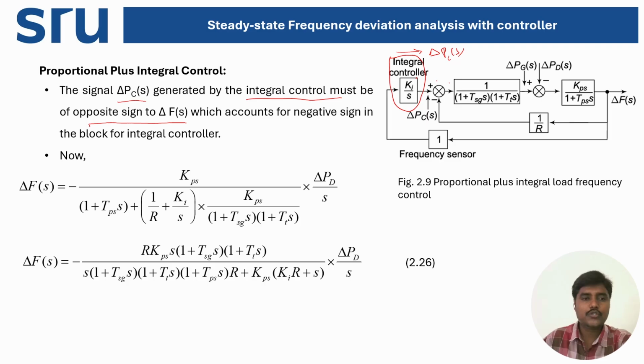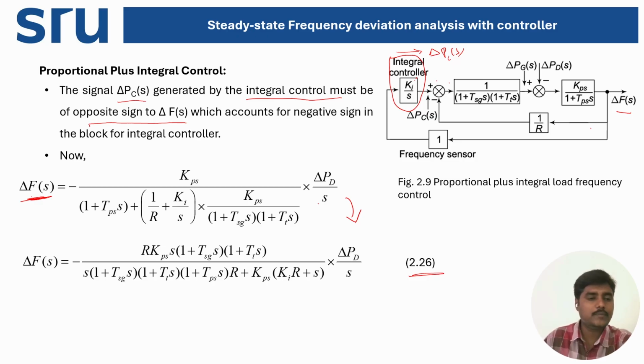So that sign should be opposite of delta F of S. Now the transfer function can be derived, and the output delta F of S can be expressed like this, and it can be simplified to equation 2.26.